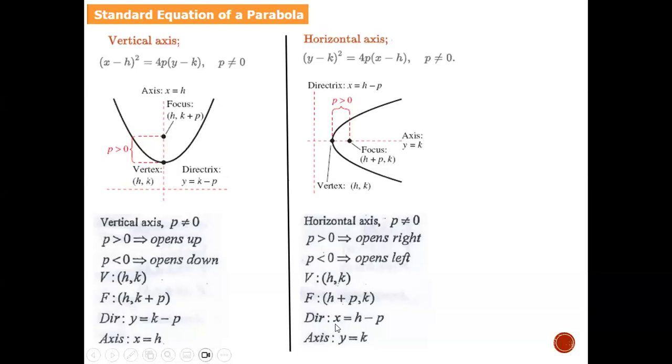The directrix is x = something, because it's a vertical line. The axis, the horizontal line that goes through the vertex and the focus, is y = k. So those are the differences in the equations. We're going to call the characteristics over here, with the vertical axis, information 1, and the characteristics over here with the horizontal axis, information 2.